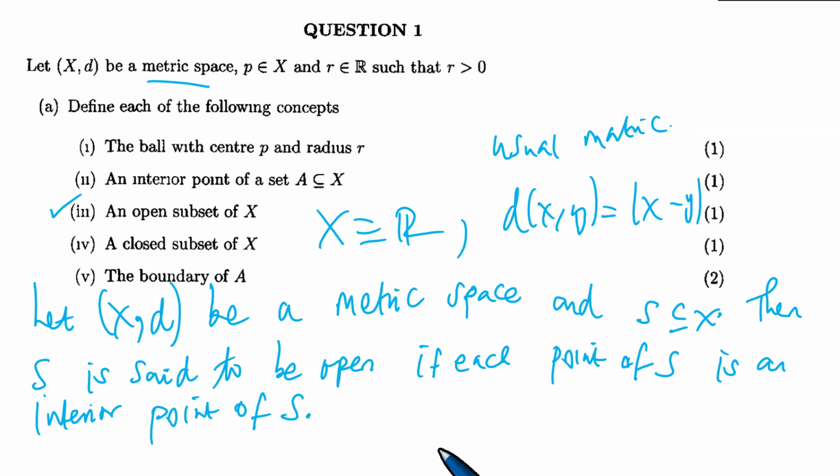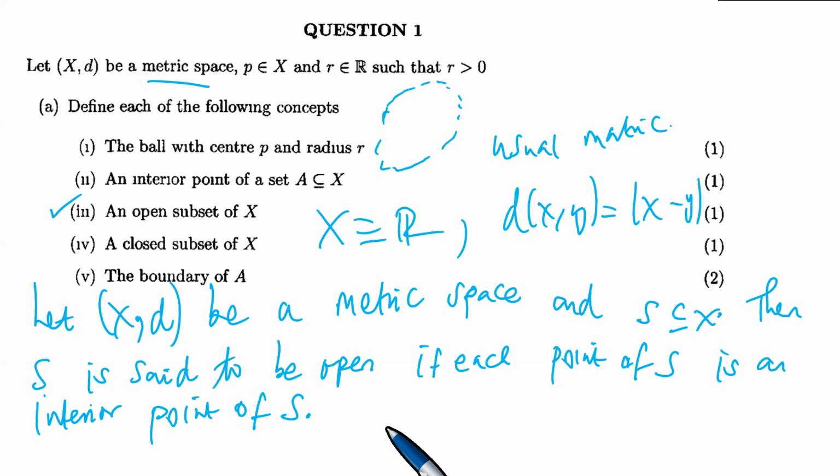If we begin with (X, d) as a metric space, and S is a subset of X, then S is said to be open if each point of S is an interior point. So an open set is that set such that each of its points is an interior point.